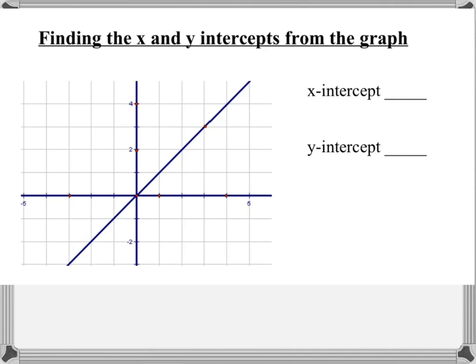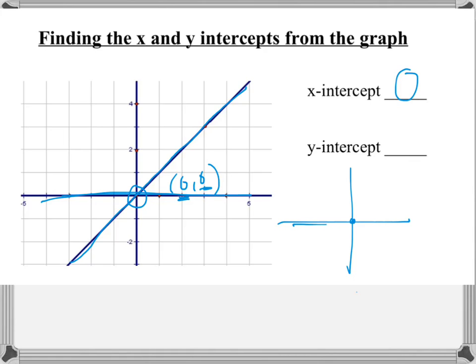Here it's a little trickier because the line actually passes through the origin. This point right here is the point (0, 0). So for the x-intercept, we say that's the x-coordinate, that's 0. For the y-intercept, that is also 0. Let me give you an example. Let's say I give you a line and tell you that the line has an x-intercept of 0. That means the point where it crosses the x-axis is 0, so the line must go through this point right here.